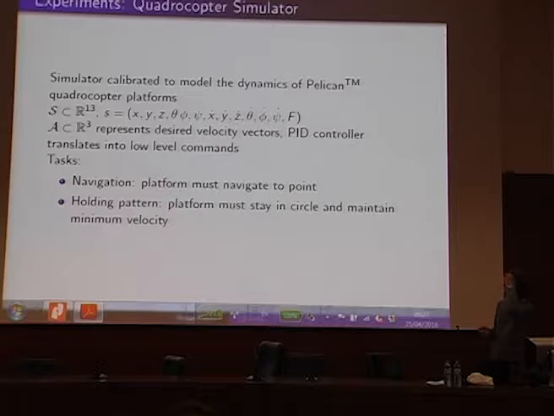Another slightly more complicated example is a quadricopter simulator where you've got a state space with 13 dimensions and a three-dimensional action space of possible velocity vectors that you can choose, and you're trying to navigate to a certain point or have a holding pattern. The one I'm going to show is this navigation.